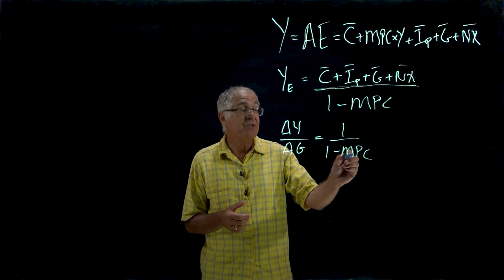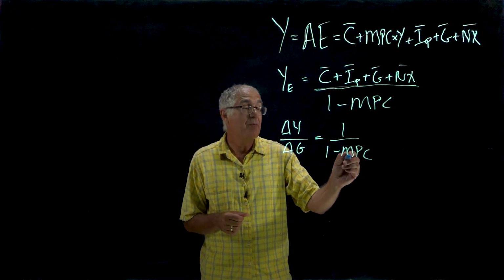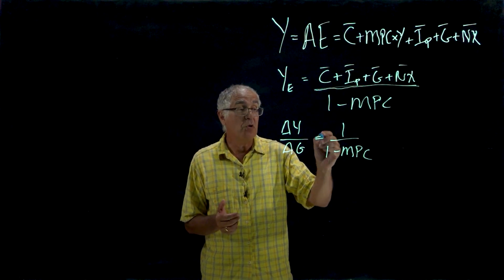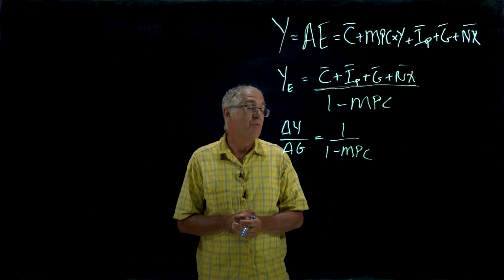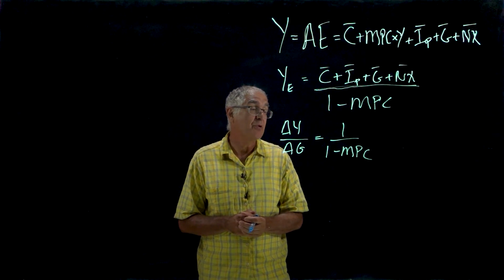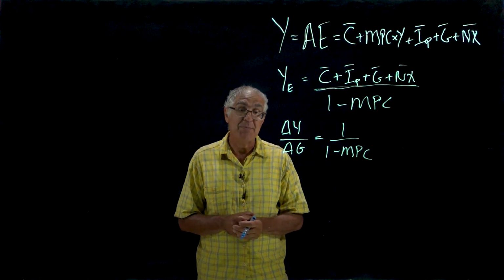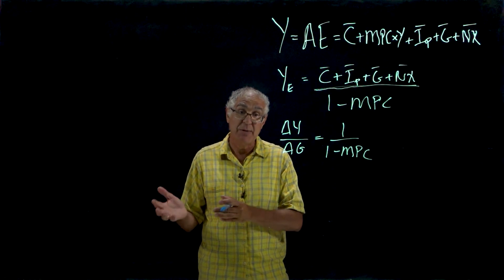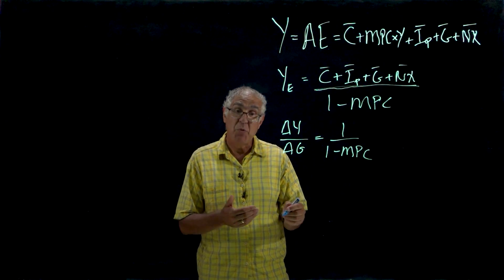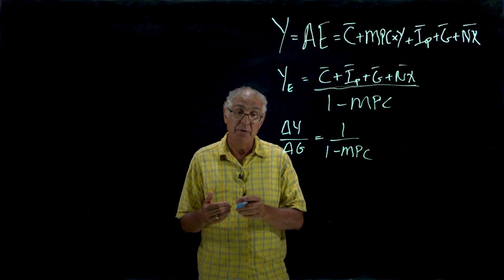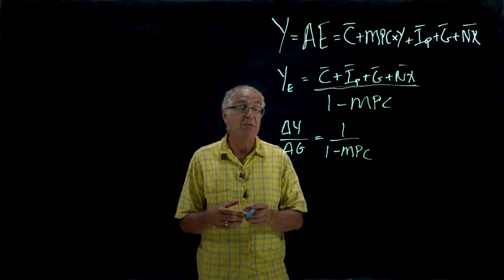Okay. Now, MPC is typically always between 0 and 1, so this whole term here is a number that's greater than 1. For example, if MPC was equal to 0.8, so that 80% of income was spent on consumption, then 1 over 1 minus 0.8 is 1 over 0.2, which is equal to 5.